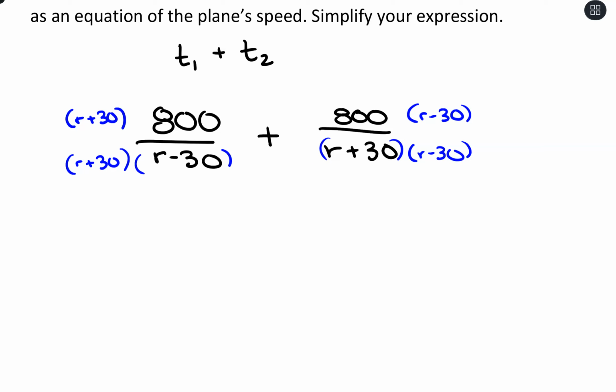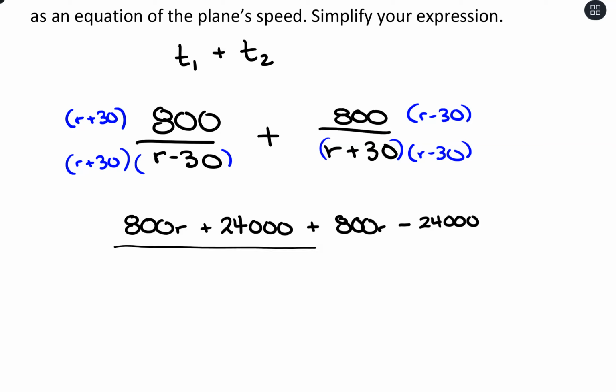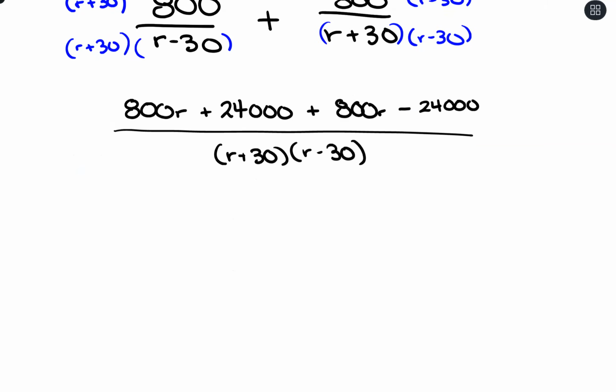So distributing through, we'll have 800R plus 24,000 plus 800R minus 24,000, all over R plus 30 times R minus 30. Those 800 R's will add together, so 1600R.